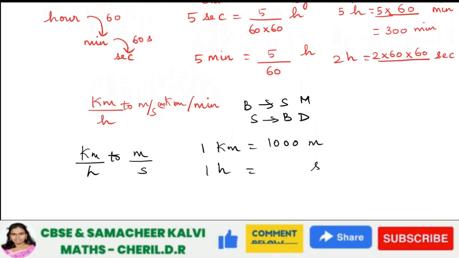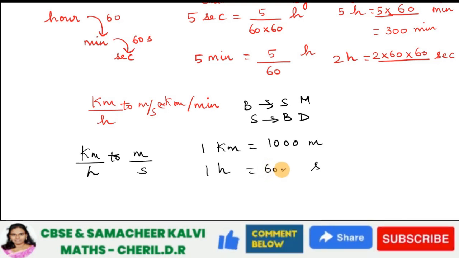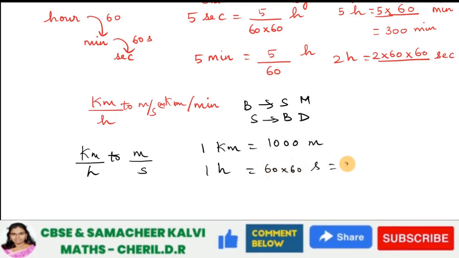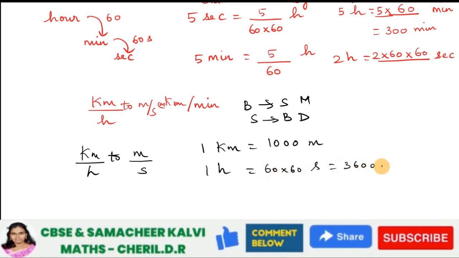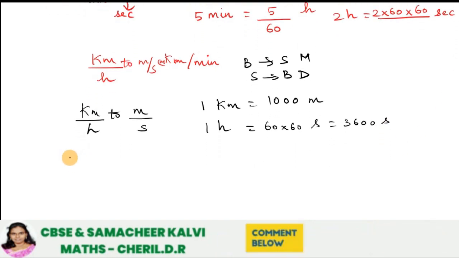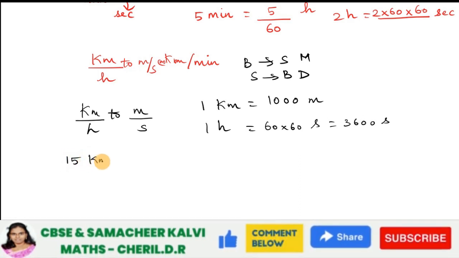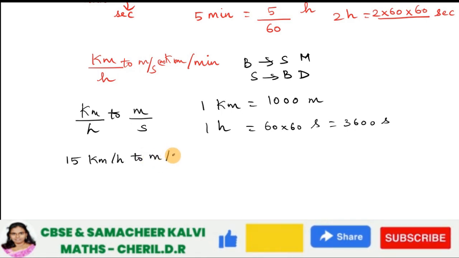I have to multiply. How many times? Hour to second, twice. So it will be 60 into 60, which will be 3600 seconds.